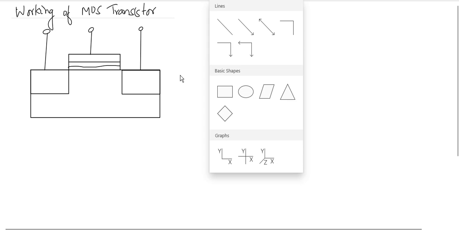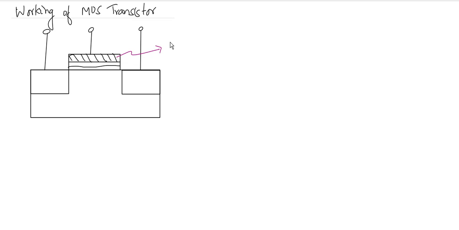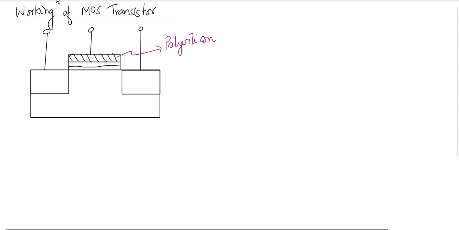So the first structure of concern for us is the topmost layer. This topmost layer is what we call the polysilicon. Now after the polysilicon, my bad, let me write that neatly for you.